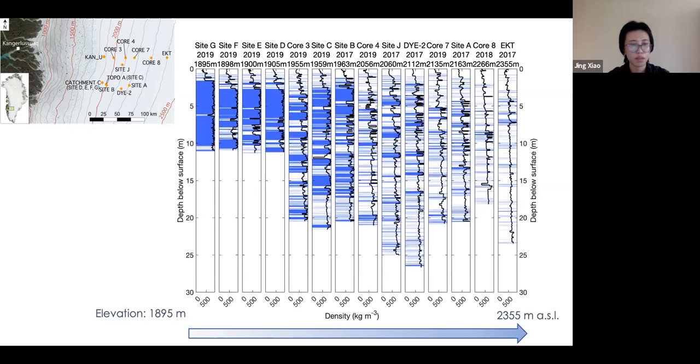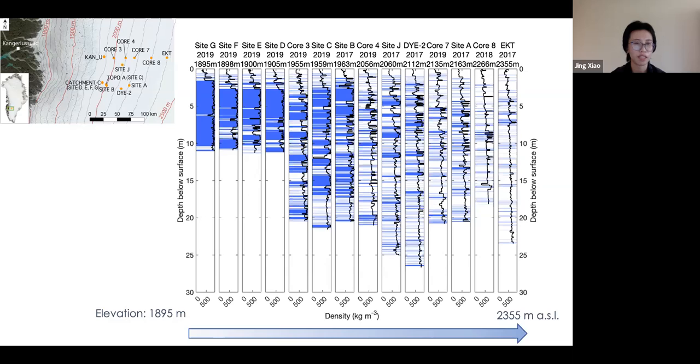These cores were not drilled in the same year, but within 3 years, from 2017 to 2019. This is a relatively short time period, and because I'm not doing any detailed analysis here, I will ignore the time difference and just look at the spatial pattern.